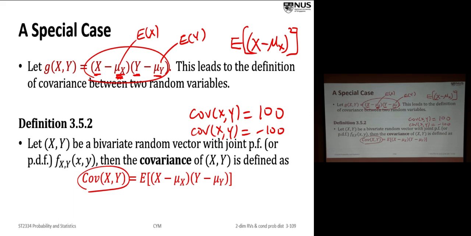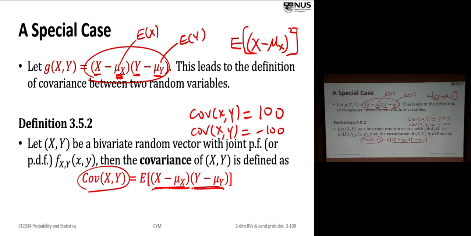You can think of it like this. If you have a positive covariance, you expect a positive number. That means x minus mu x and y minus mu y must be of the same sign. That means if x is below mu x, you expect y is also below mu y.